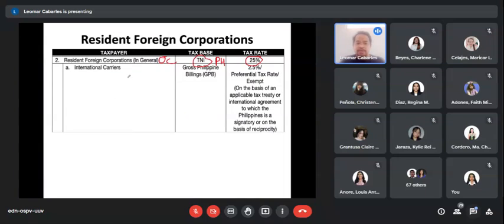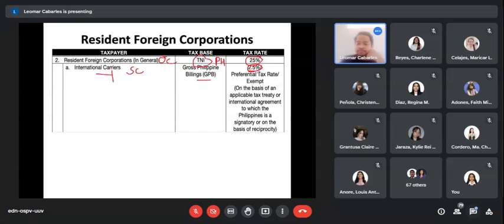Now, ang tawag dito sa letter A ay special corporation. Ang tax base ng mga international carriers, mga airlines and shipping companies, gross Philippine billings, GPB. Ang rate ay 2.5%.